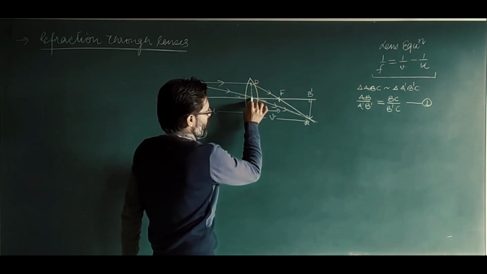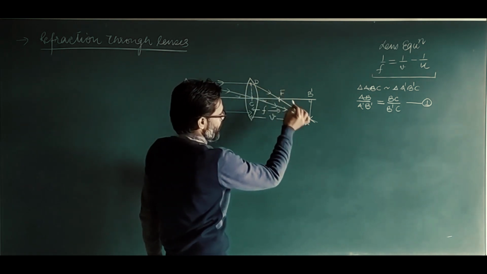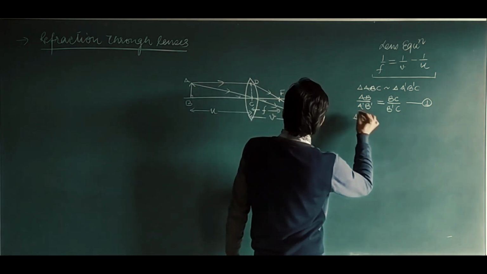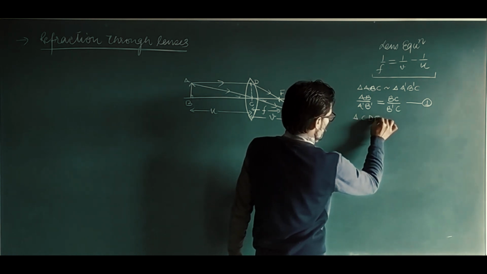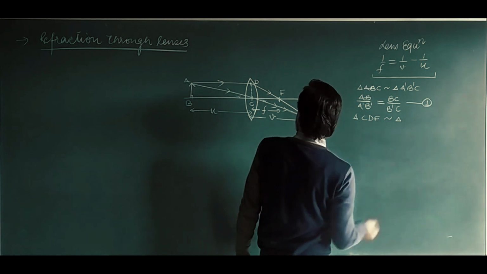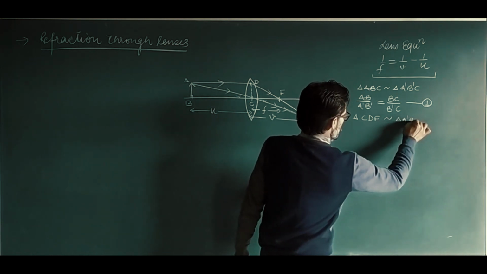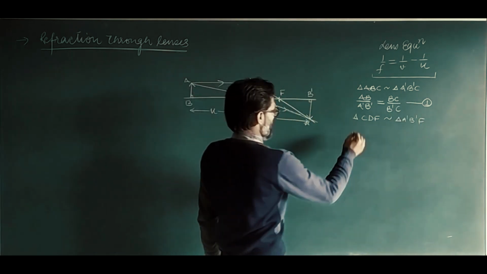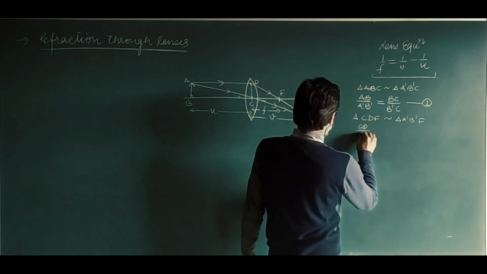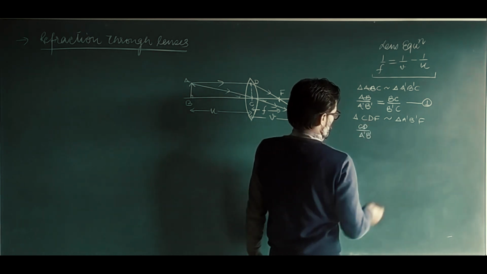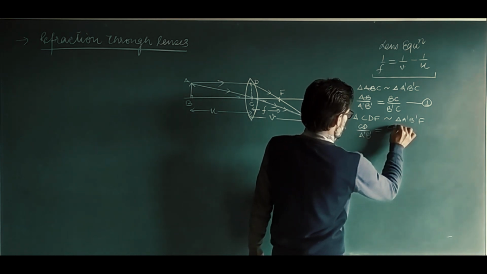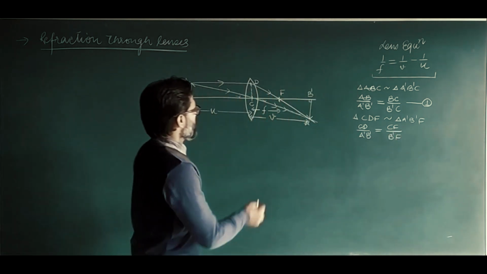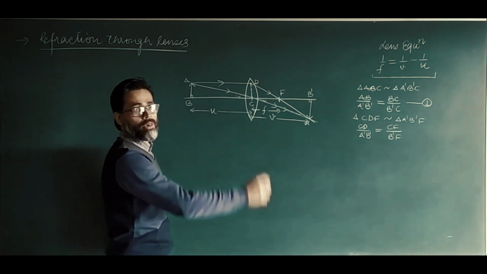Now just see this triangle, CDF and A dash B dash F. Triangle CDF is similar to triangle A dash B dash F. Apply the same condition: CD upon A dash B dash equals CF upon B dash F. But this CD is equal to AB.